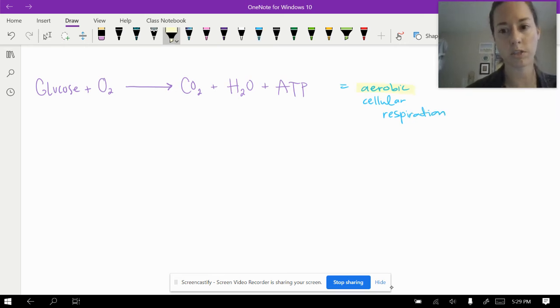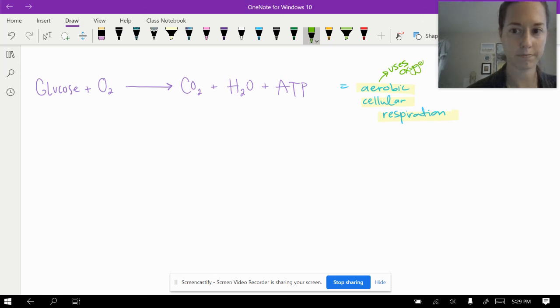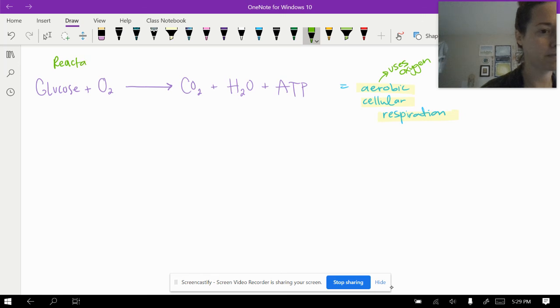Aerobic, of course, means that it uses oxygen. And I'm just going to make a note of where each of these things is either consumed or produced. These things on the left, of course, are the reactants. On the right, you have the products.